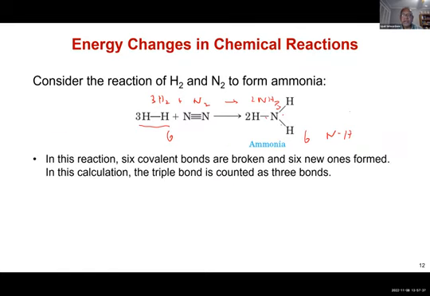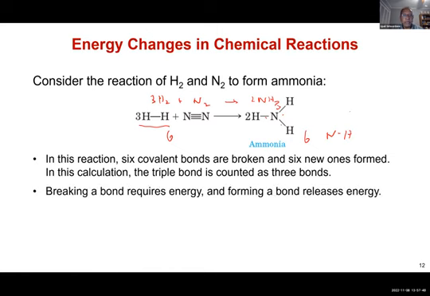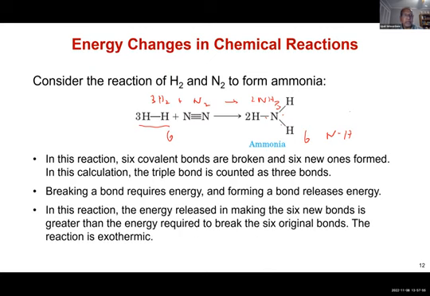In this calculation, a triple bond is counted as 3 bonds. Breaking bonds requires energy and forming bonds releases energy. In this reaction, the energy released in making the 6 new bonds is greater than the energy required to break the 6 bonds. Therefore, the reaction is exothermic. More energy is released forming the products than the energy required to break the bonds in the reactants.